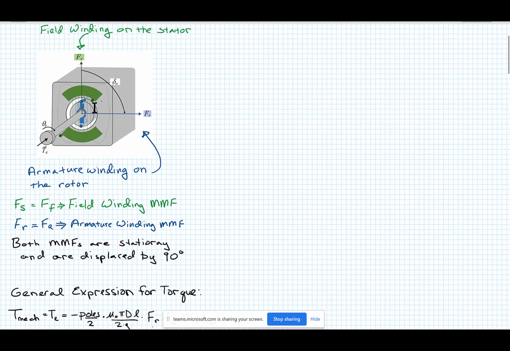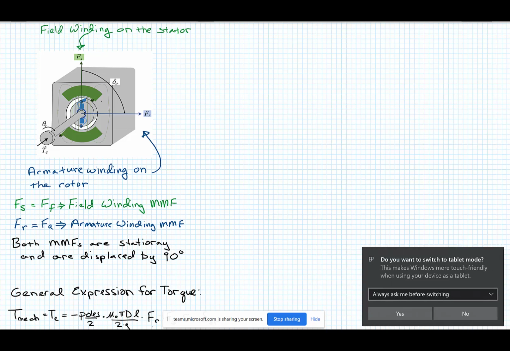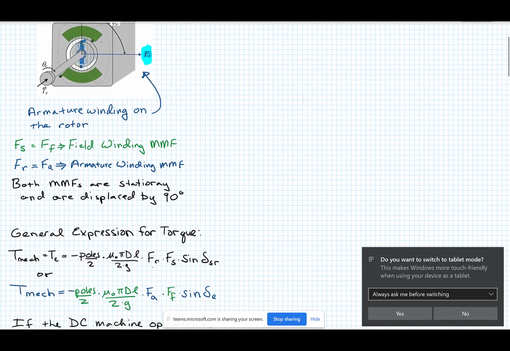It's showing that you have an MMF associated with the rotor right here, and that's the armature MMF. And you have an MMF associated with the stator, which is right here, and that's the field MMF. So the armature, blue, field, green.